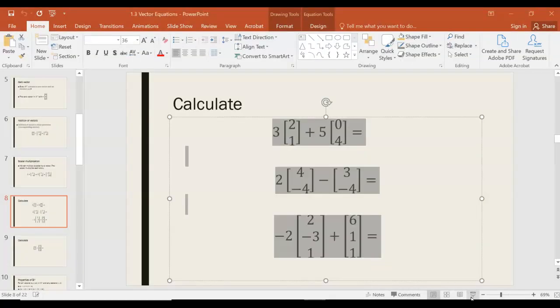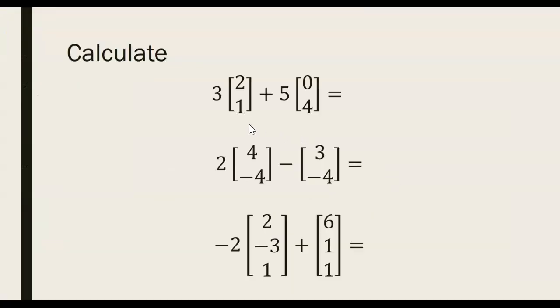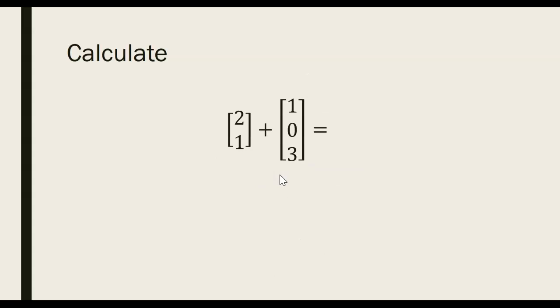Now, one thing that you'll notice really quickly is that all of these vectors matched up in size. If somebody were to ask you to calculate a 2-dimensional vector added to a 3-dimensional vector, well, that's actually impossible. So this sum does not exist.